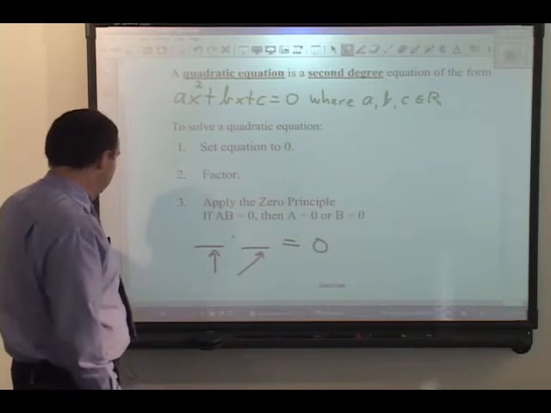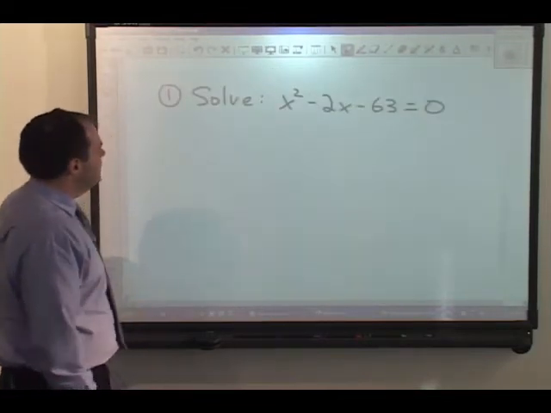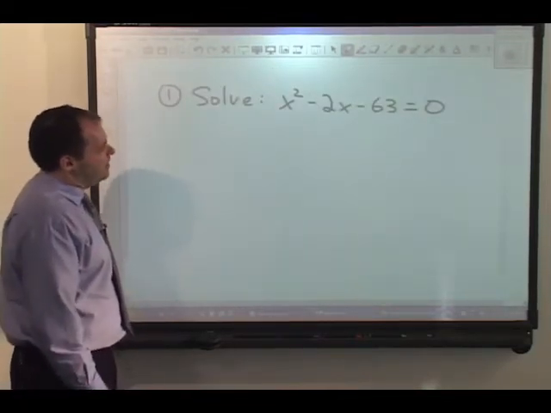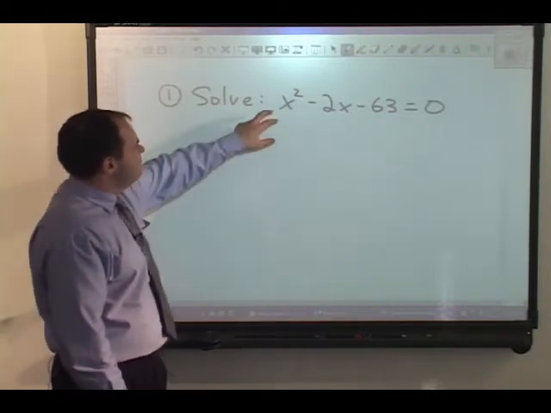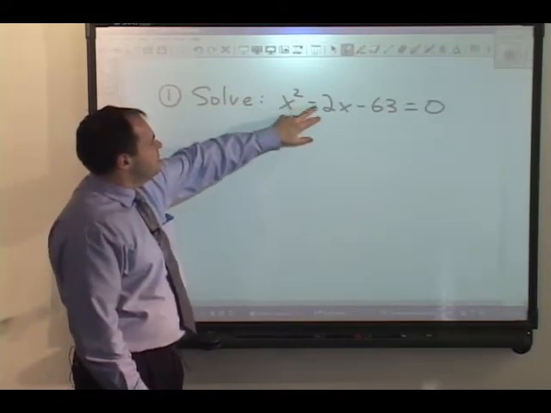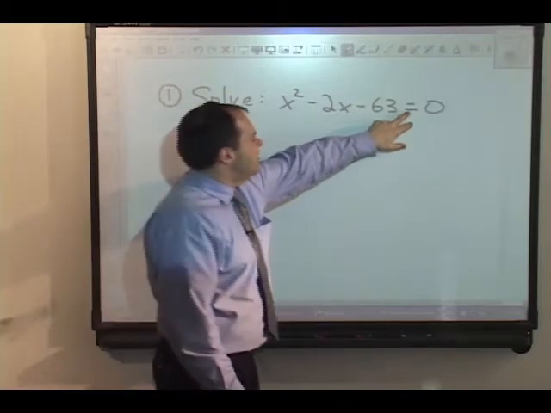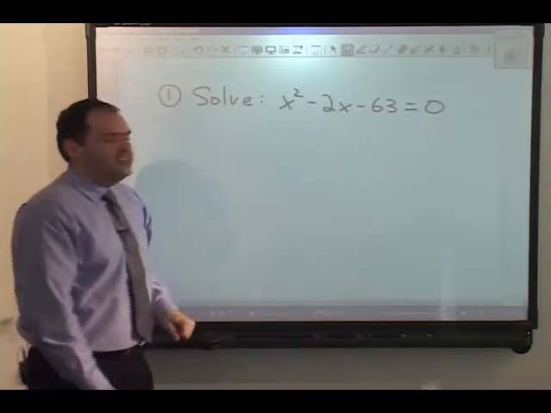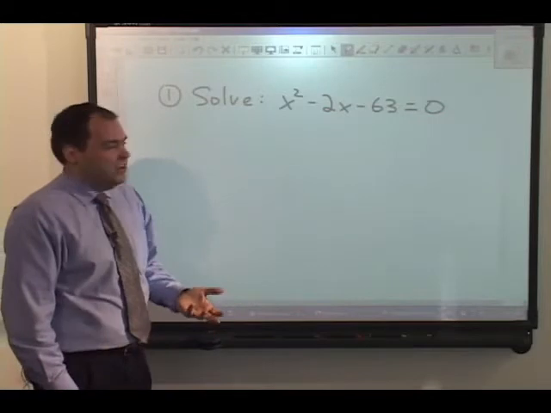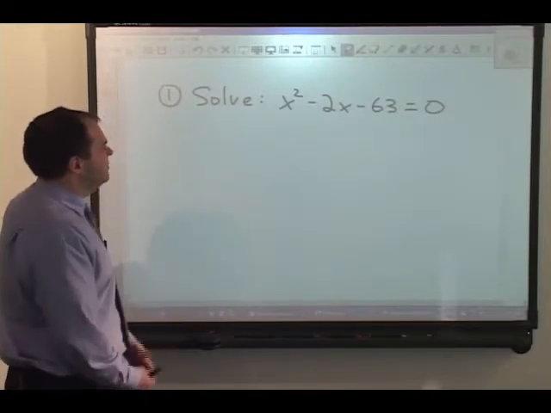So let's look at how we can apply this idea. Here is a typical quadratic equation. It's of the form ax squared plus bx plus c equaling 0. The first step in our process is to set the equation equal to 0, which has already been done.